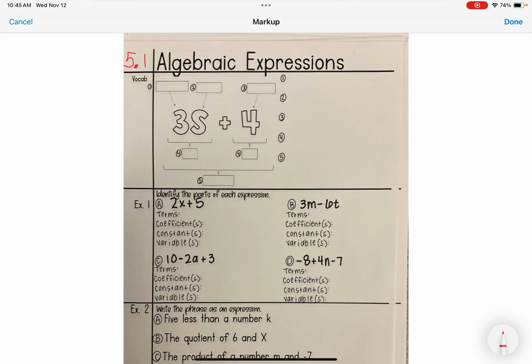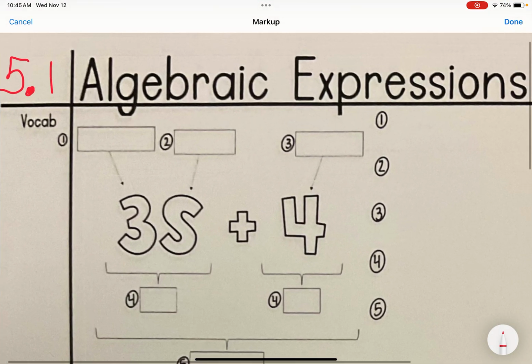So the first thing we have is 3s. So in this expression, we call the 3, you're going to have to write small to fit this word, it's a big word, the coefficient. Okay, and the letter, the S, is called the variable.